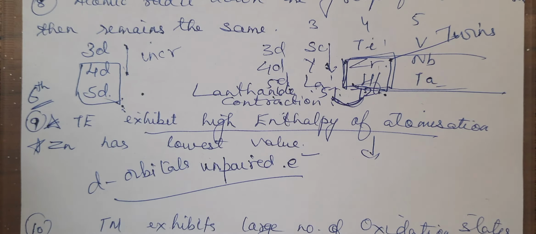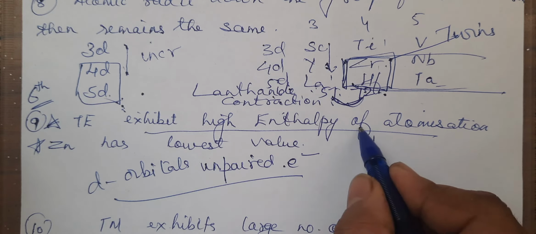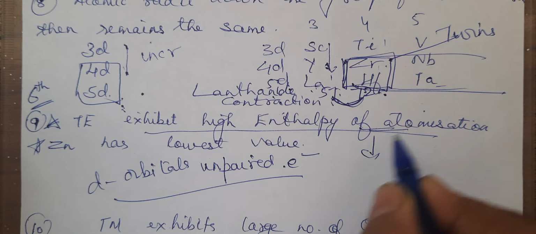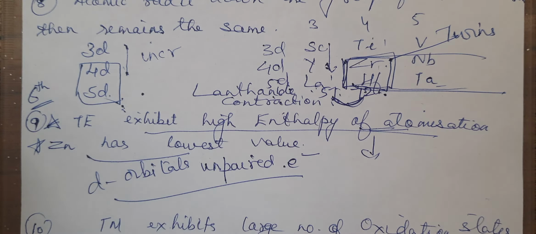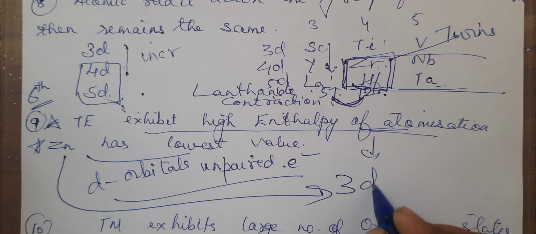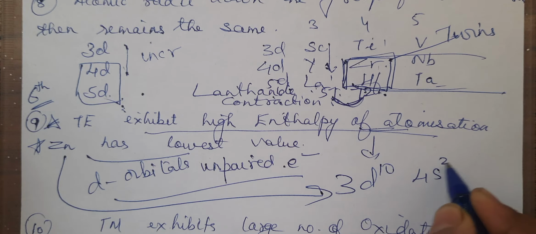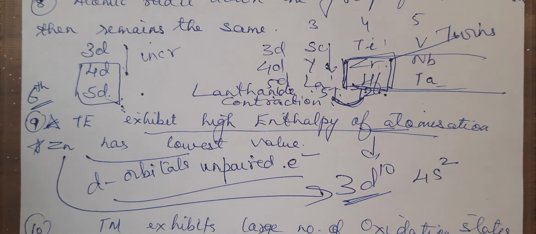More the number of unpaired electrons in d orbital, more are the chances of interatomic bonding. So more interatomic bonding means the enthalpy of atomization will be more. Why zinc has the lowest enthalpy of atomization? You will write configuration of zinc as 3d10 4s2. That means d orbital is completely filled. When it is completely filled, no chance of interatomic bonding.